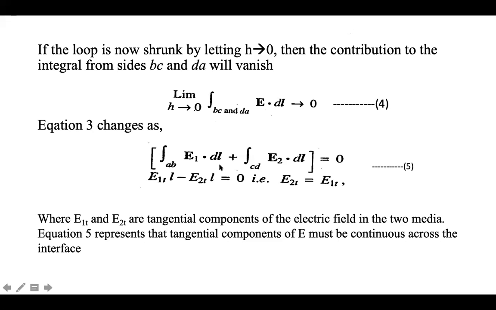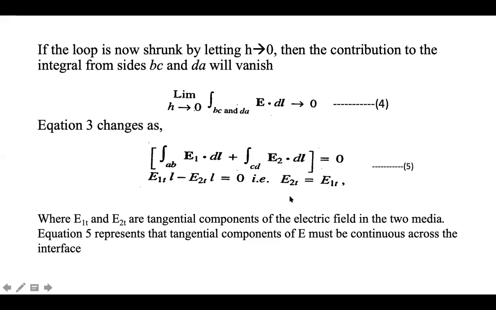Here, I've changed the terms like this. Integration of dl from A to B, I took it as L, and integration of dl over CD, I took it as minus L because of the directions. So it's going from A to B like this, and then B to C, C to D like this. Then here, what you can see is I took a term T. This is the tangential component, not the longitudinal component.